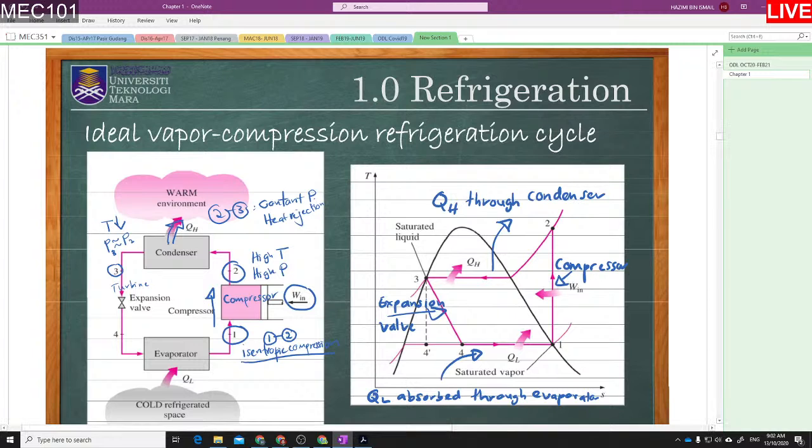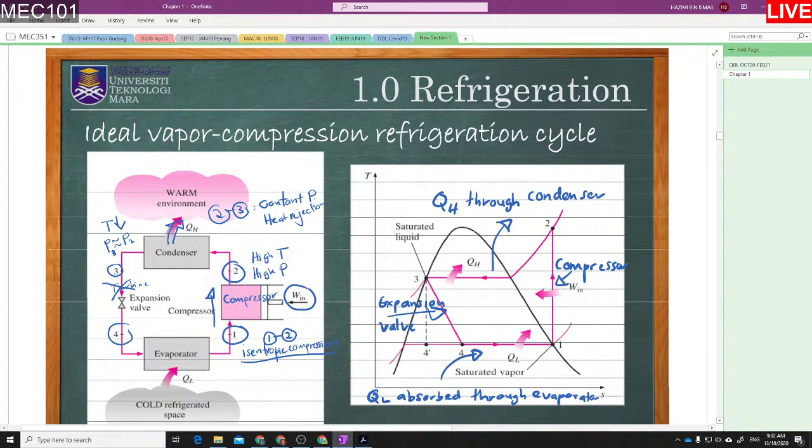Okay, so why don't we replace the turbine with the expansion valve, because here we just want to reduce the pressure. The turbine gives a little bit of work output to increase our efficiency, but it's not worth it compared to the cost that we have now. So we don't need the turbine.